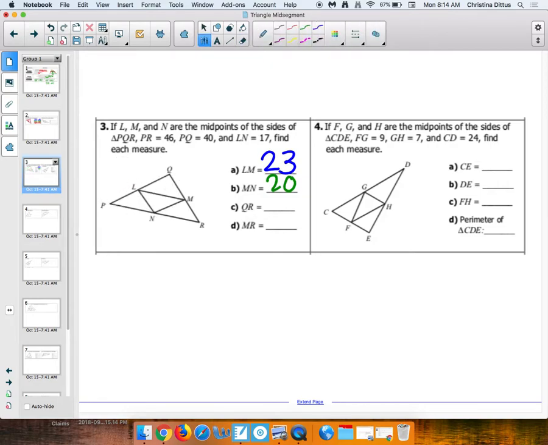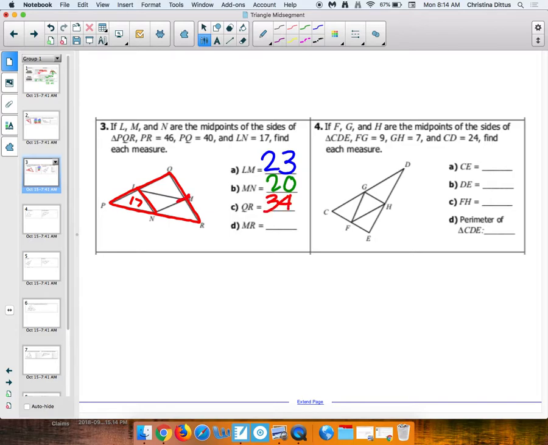Okay. If LN is 17 and I have my big triangle, LN is in the middle of it, so LN has to be my mid-segment. So what side can I find the length of? QR. Do I half it or double it? Double. So how big is QR? 34.